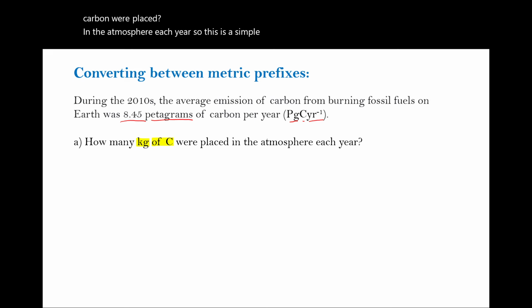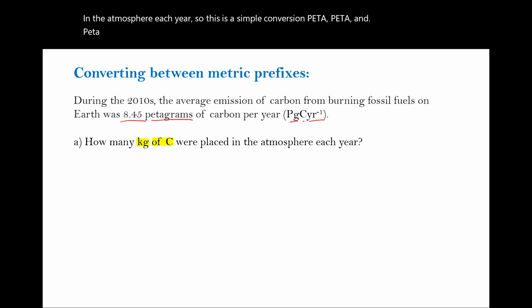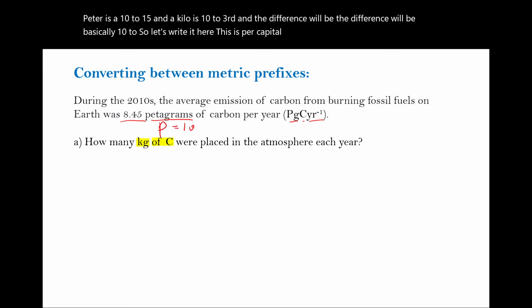Peta is 10 to the 15th, and a kilo is 10 to the 3rd, and the difference will be basically 10 to, so let's write it here. Peta is 10 to the 15, and kilo is 10 to the 3rd.